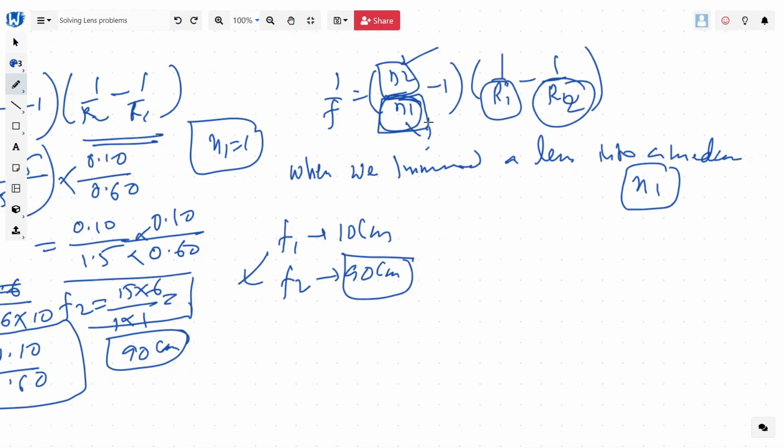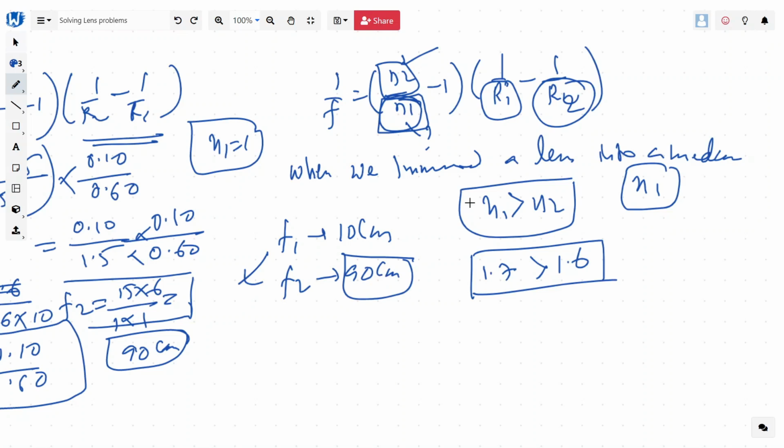Okay, now here is a case where n1 is actually greater than n2, which means the refractive index of the lens n2 is 1.6. Now it has changed, so n1 is now 1.7 in the second case, right? Then what happens? Now this one is going to remain same.